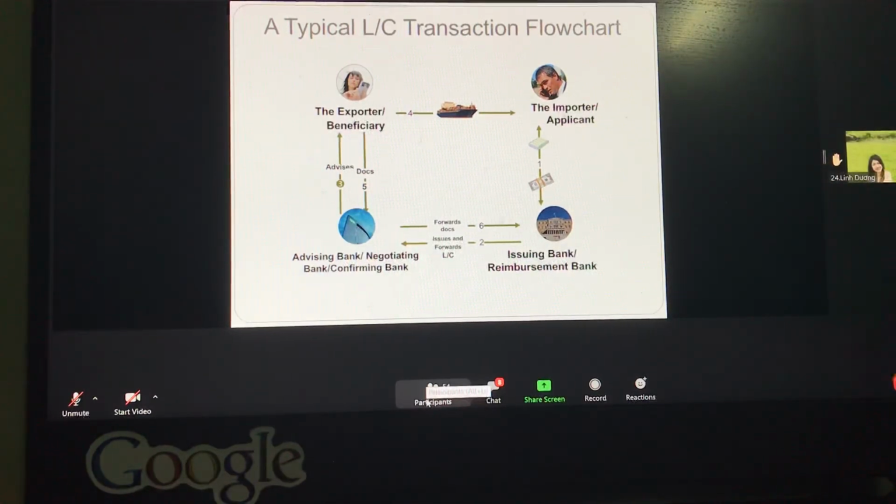I think the exporter will face the risk because they have responsibility to take the fees, because they have failed to meet the letter of credit conditions, so they may have to take responsibility for that.